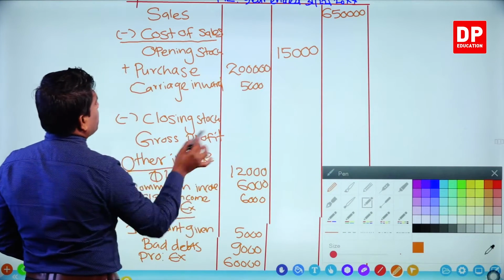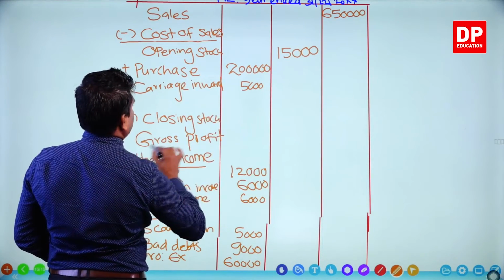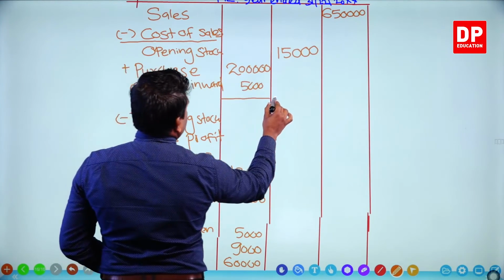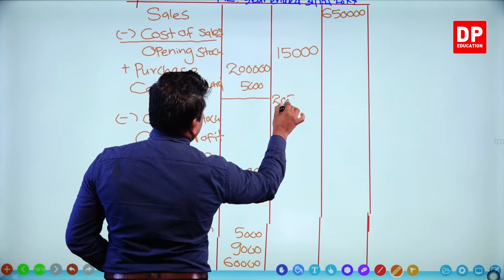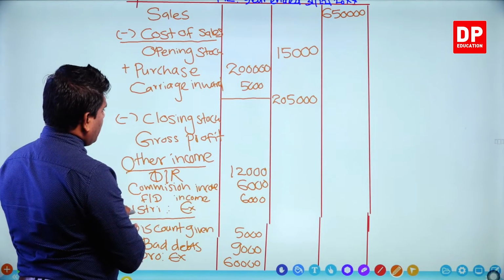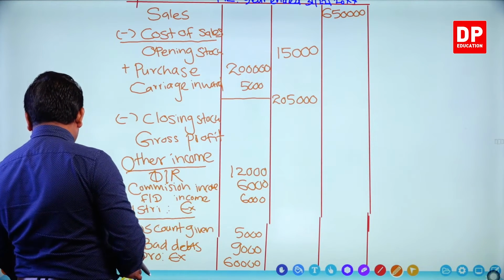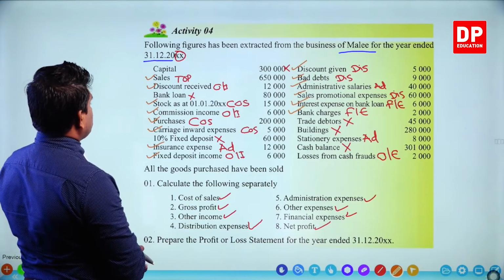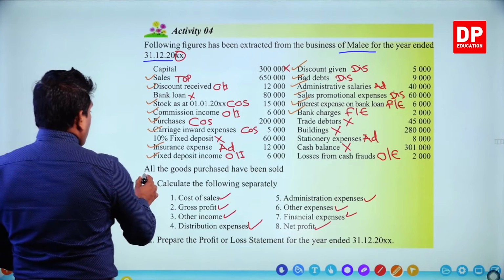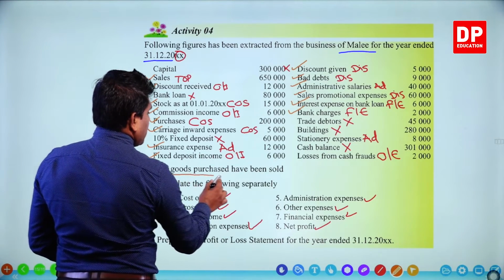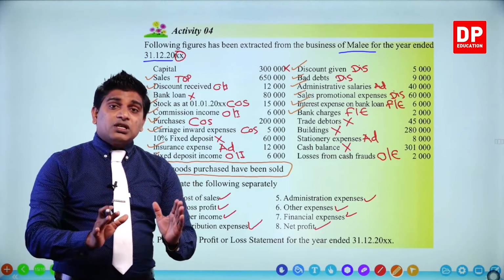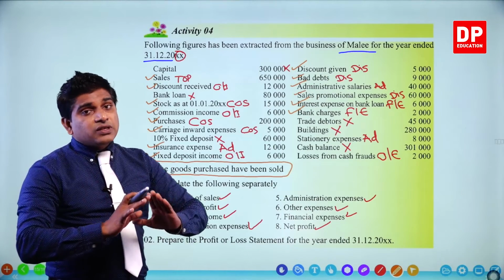Opening stock 15,000, then 205,000 here. Check in the question, have they given closing stock or not? No. What does it tell? All the goods purchased were sold.